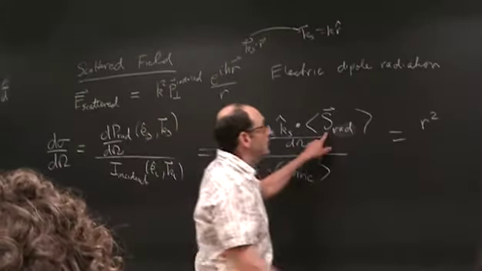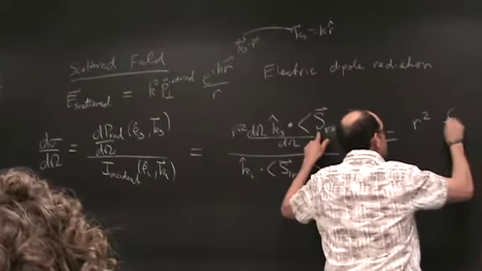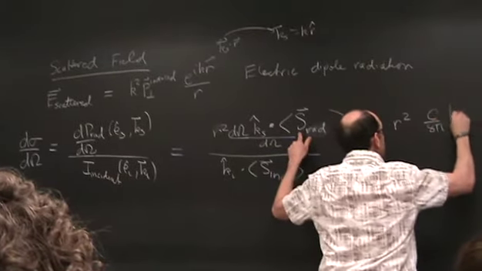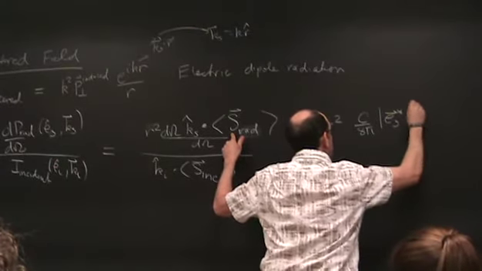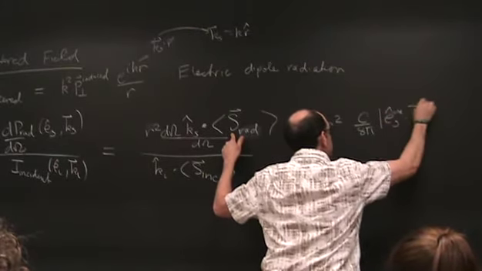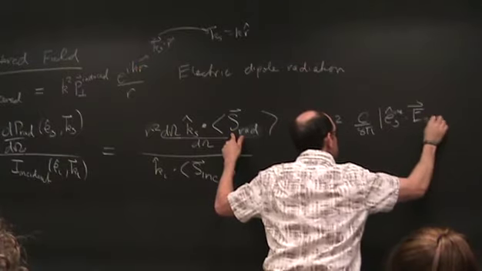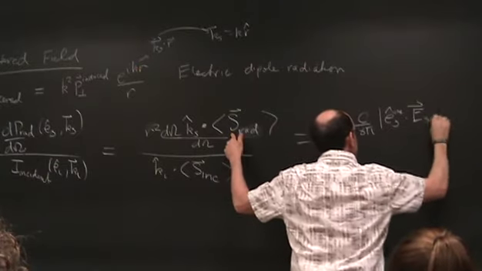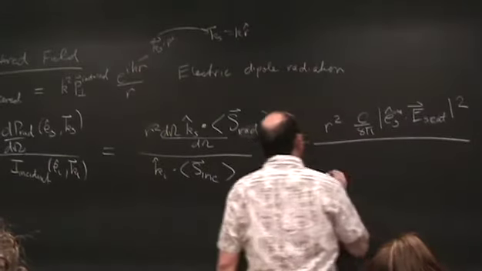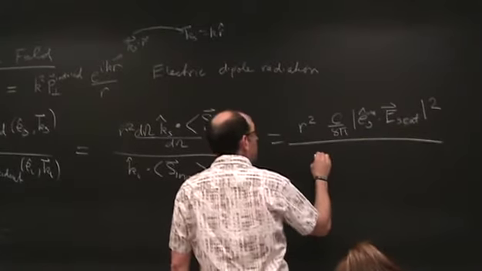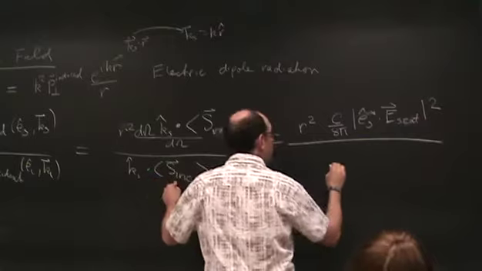And then the magnitude of this is c over 4 pi, the magnitude of the electric field in the scattered polarization, divided by k incident. Well, this is in the k direction.